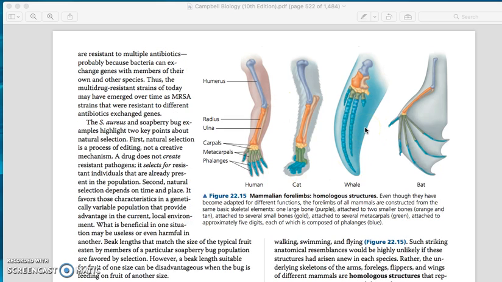22.15, before reading the text of the image, I noticed that bones that are similar are color-coded and look different. As I move along, I also noticed that some bones might become longer or shorter depending on the function of the limb. Okay, so looking at this, I can connect this with the human tailbone and a dog tailbone. The human tailbone is no longer used and therefore has become smaller, while the dog tailbone remains long and is used for balance.